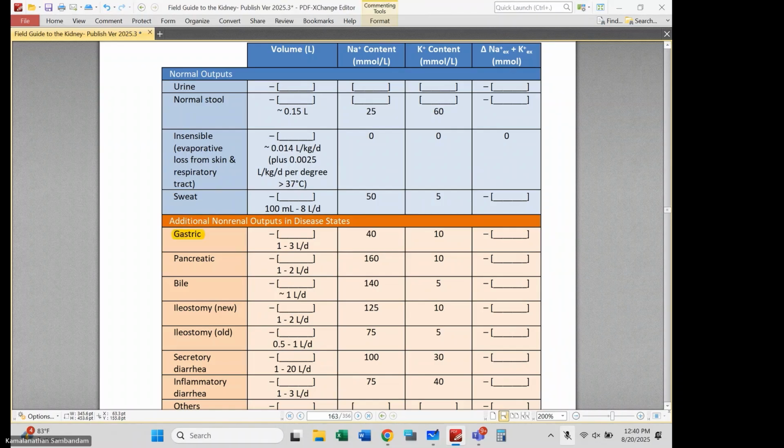You can see gastric fluid, its sodium, this comes from surgical literature that's published. Sodium content of gastric fluid is 40. The potassium content is 10. Let's just add these together. So if the sum of these two is less than 140 or 150, let's call that hypotonic fluid. Okay, so you can see that gastric fluid is hypotonic fluid.